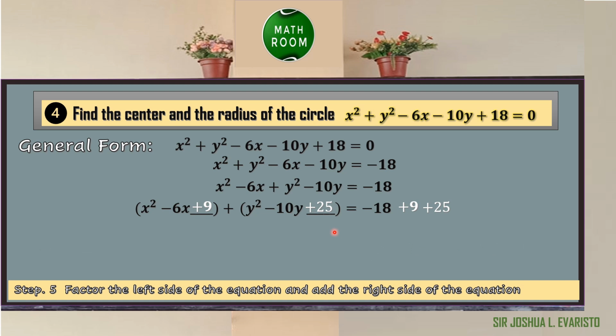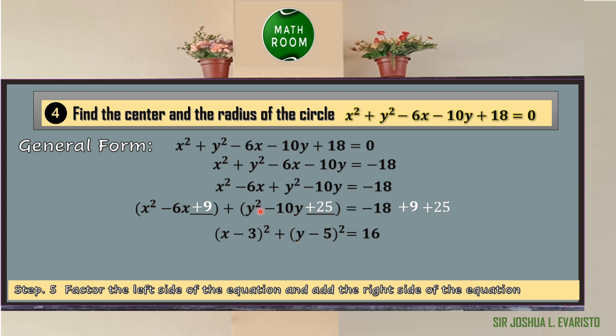Step number 5, factor the left side of the equation and add the right side of the equation. So the factored form of x squared minus 6x plus 9 is (x minus 3) squared. Since the square root of x squared is x, copy negative, then the square root of 9 is 3. Also, the factored form of y squared minus 10y plus 25 is (y minus 5) squared.